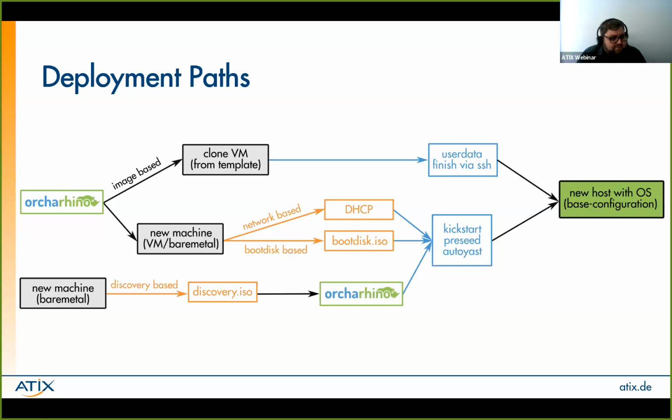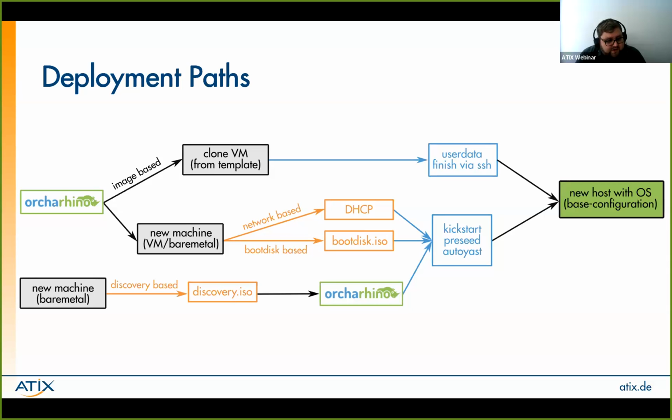Well, there are three paths available to deploy your host in the Orcharhino. The first one shown on this slide is applicable for bare metal systems. It's the discovery image-based path, or discovery-based path. This is very interesting for your on-premise data center. Let's say you get a new server and connect it to your data center. Then the server will receive a small discovery image and will boot from this image.